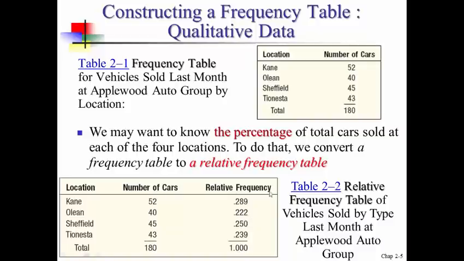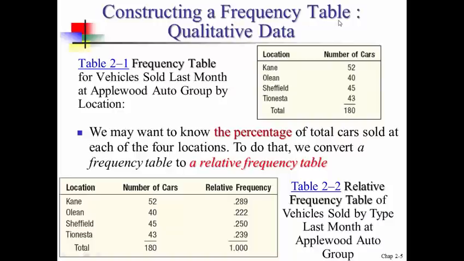So this is table 2. Table 2, relative frequency table of cars sold by dealer last month at Applewood Auto Group. Okay, we already see how to make the frequency distribution.